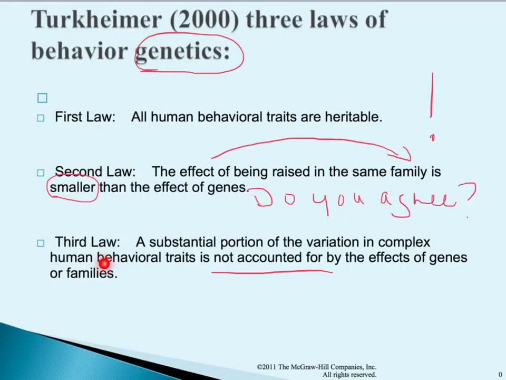We look back at Turkheimer. It's easy to accept laws 1 and 2 as saying that nature is more important than the environment. If we agree with the first 2 laws, the nature side of the debate wins. That is, genes matter more and families, the environment, matter less.